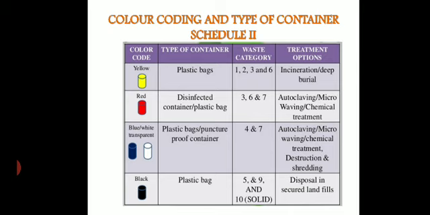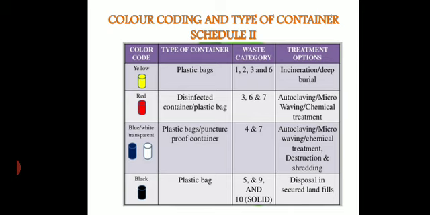So you can either go for incineration, that is burning, or you can go for the deep burial of the waste. Then the next color coding is red color. Disinfected containers and plastic bags, you can throw into the red colored dustbins. The categories included here are 3, 6 and 7. Category 3 is your microbiology and biotechnology waste.